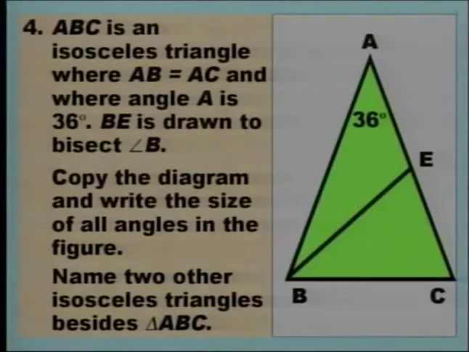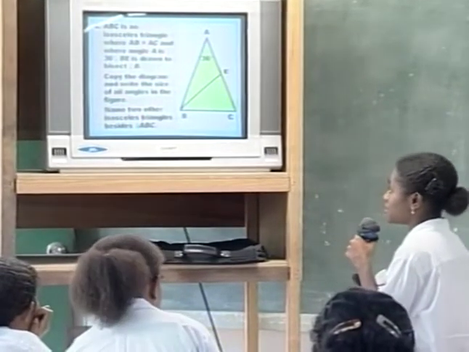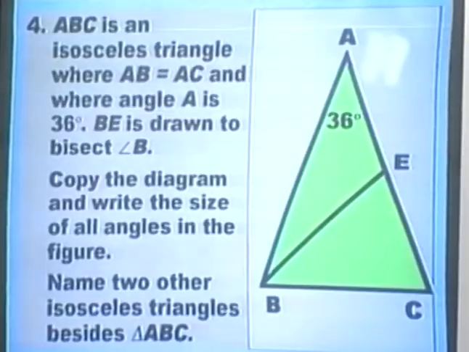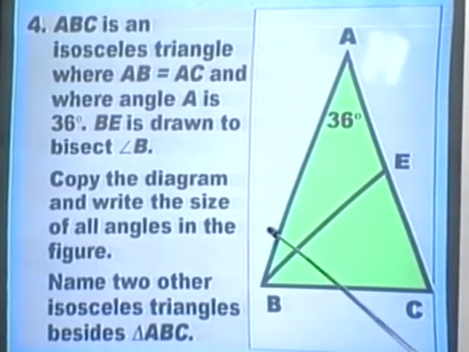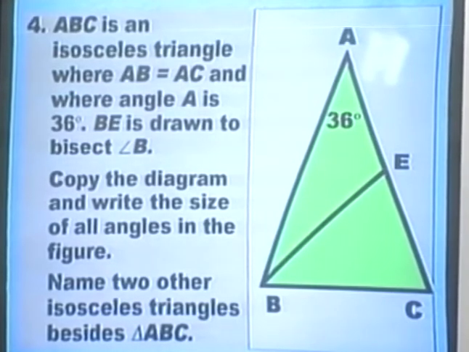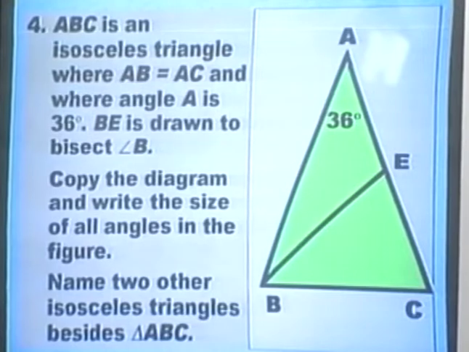All right, number 4, Natasha. The triangle ABC is an isosceles triangle. Therefore, angle ABC is equal to angle ACB.